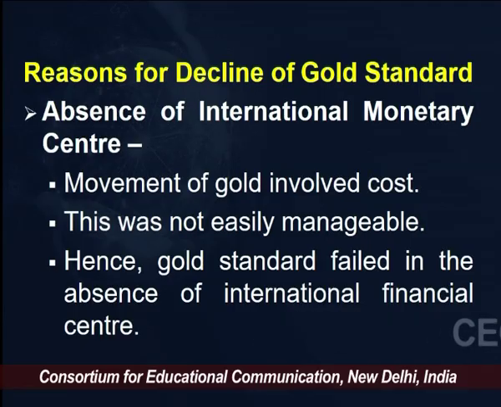Now, let us summarize what we have studied in this lecture. Evolution of the international financial system passed through 4 stages, that is bimetallism, gold standard, Bretton Woods system and flexible exchange rate regime. We have discussed bimetallism and gold standard in this lecture. In the bimetallism system, a country's currency value was based on fixed quantities of both gold and silver.